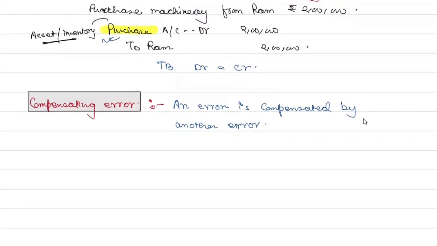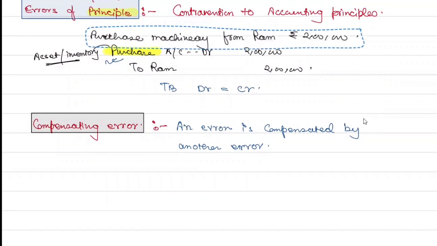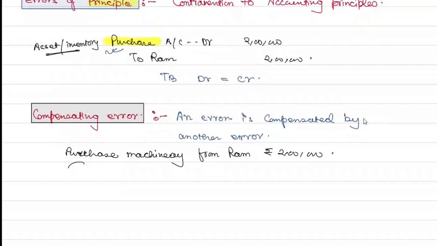Now if I take the earlier example only, what will be a compensating error? What actually did we do? We debited machinery account.